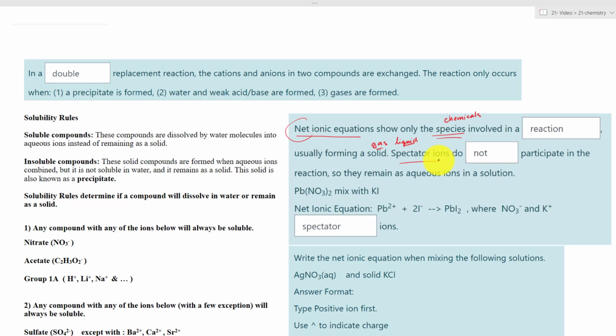So before we look at a specific sample, again, we have the solubility rules that tell us which chemicals are soluble and which are insoluble. Insoluble, basically, would form a precipitate.